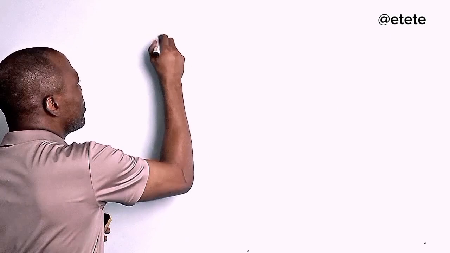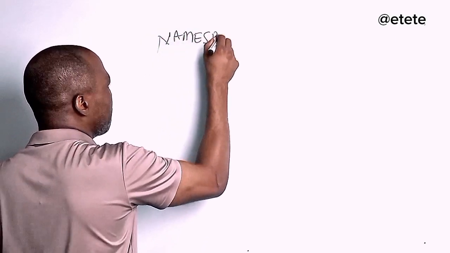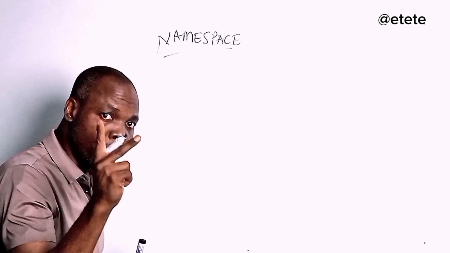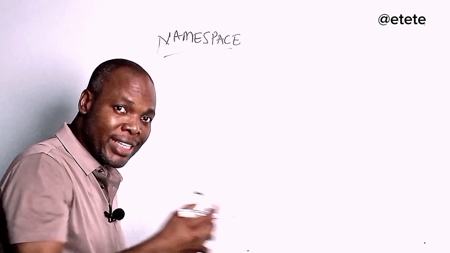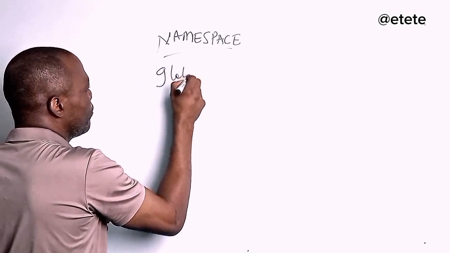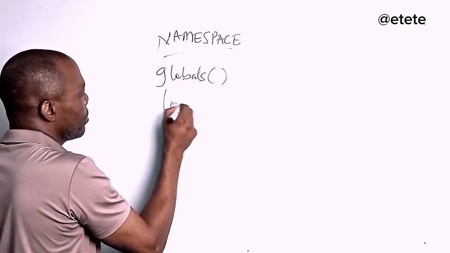Okay, now I told you that this namespace uses two functions to get the data. Now, what are those functions? The global function and then the local.